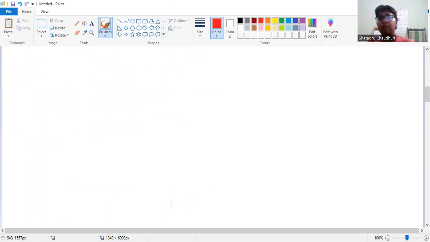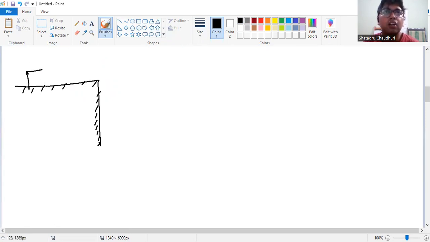Now there is a third type of problem, which we call the pulley problem. Once again we will discuss the pulley problem. So in this case, suppose there is a table like this, and on top of this table there are M1 and M2.